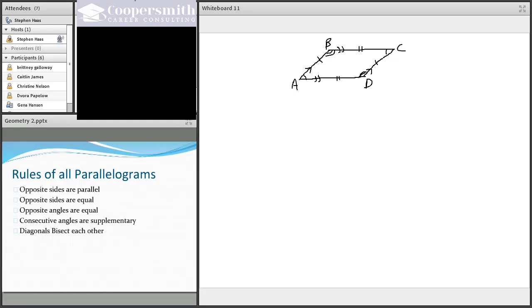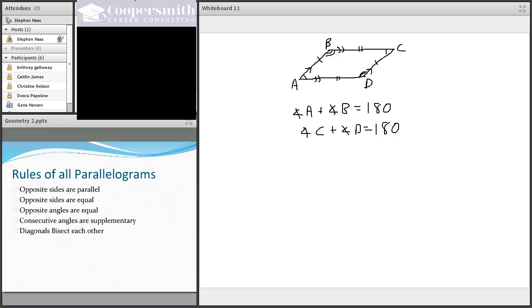Number 4, consecutive angles are supplementary. Supplementary means they add up to how many? Angle A plus angle B equals 180 degrees. Good. And also, angle C plus angle D equals 180. Think about it. It's perfectly logical if you think about rule 3. How many degrees does the whole parallelogram have to equal, all 4 angles?